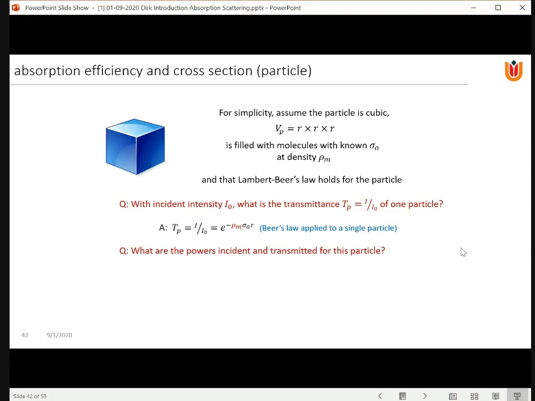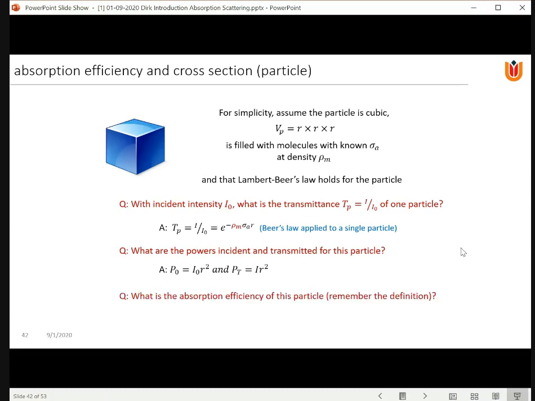So the incident power is simply I0 times G, and G is the geometrical cross-section of the particle, which in the case of our cubic particle is simply r squared. And we can do the same calculation on the other side of the particle, so that will be the transmitted intensity I times r squared. So we can calculate it.